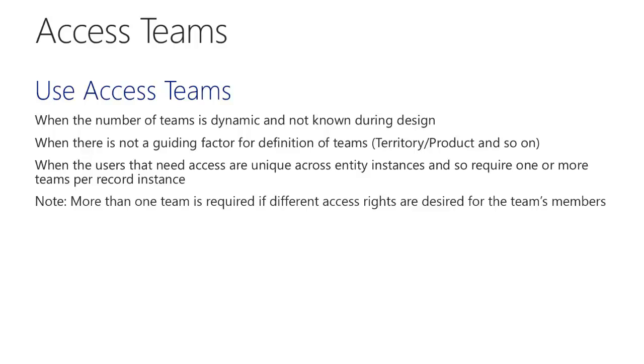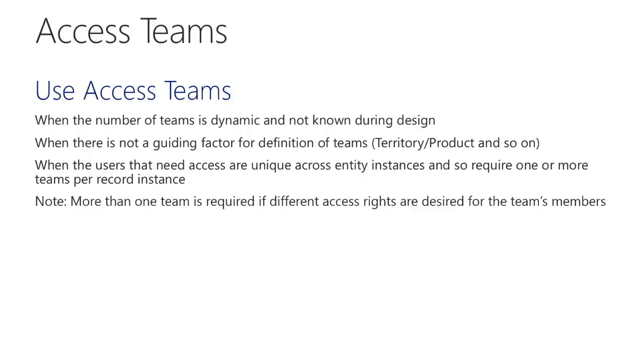Two settings in the deployment to keep in mind, which are also exposed in the deployment properties table in your MSCRM_config database. Number one, there's a limit on the maximum number of templates that you can create for an entity. This is specified in the max auto-created access teams per entity deployment setting.